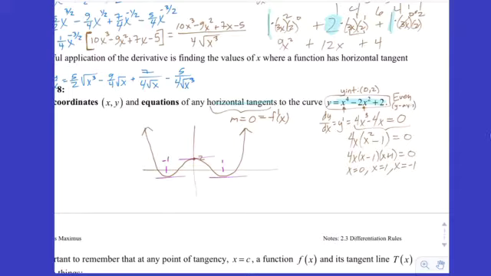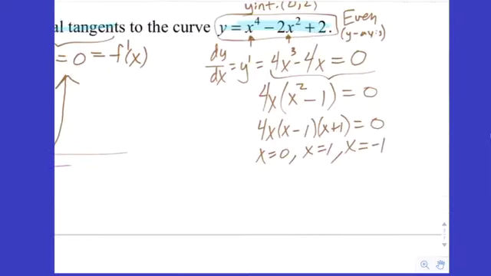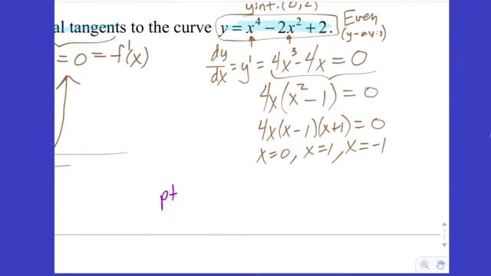So based upon that information alone, we can already get a decent graph. And if I really wanted to, I could get the y values at 1 and -1 to see if those y values are actually above or below. In fact, I think we need to do that because it says to get the coordinates and the equations of the line. So let's go ahead and find the coordinates. The points are going to be 0, comma something, 1, comma something, and -1, comma something. So when I plug in a 0, I get 2. I already knew that.